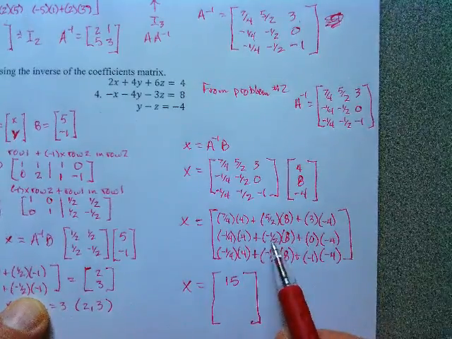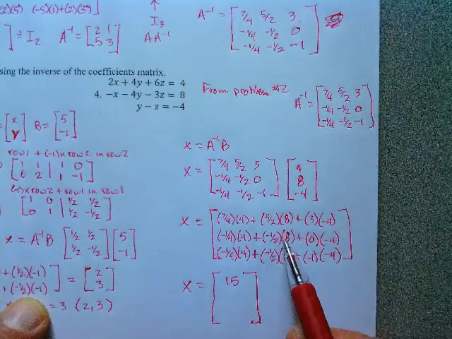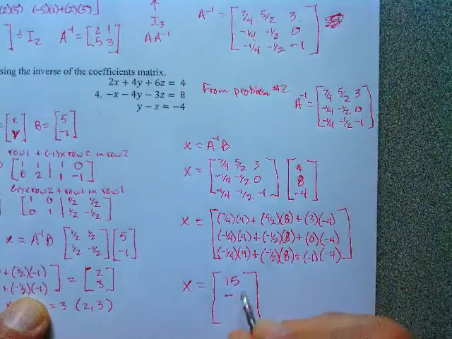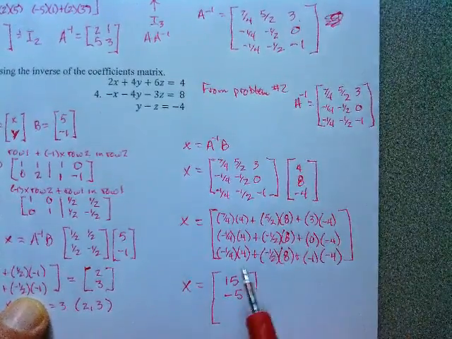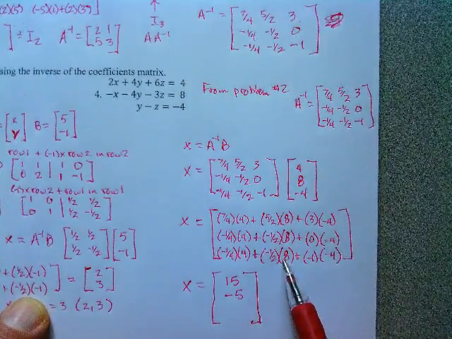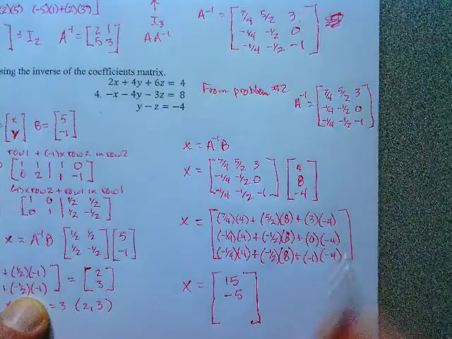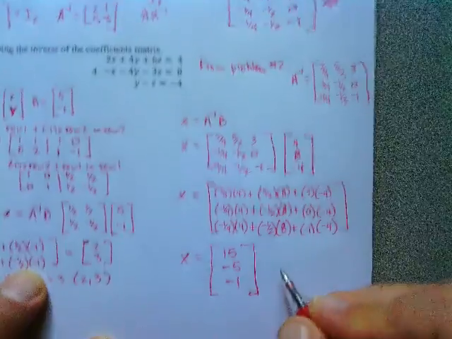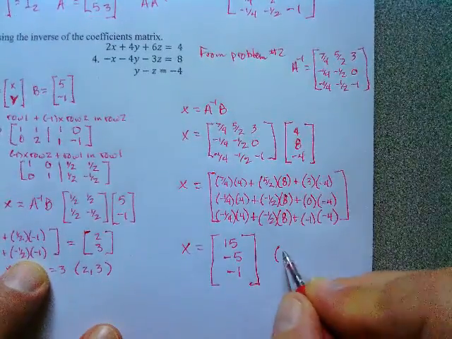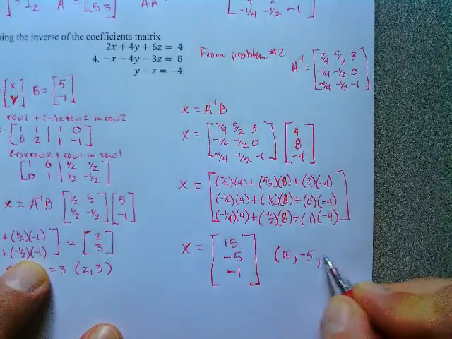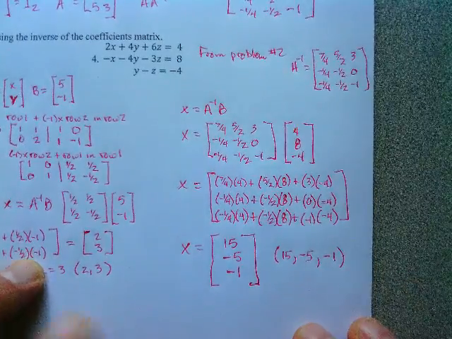Here we'll have -4, so -1 and -4 is -5 and 0, so -5. And then here again, -1, -4, so that's -5, -5 plus 4 is a -1. And so our answer is 15, -5, and -1.